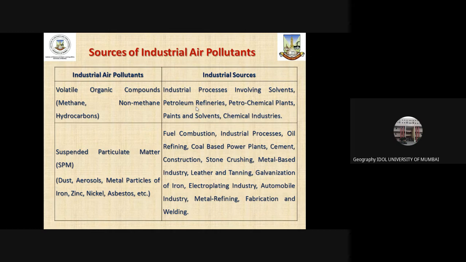These are released from combustion, industrial processing, oil refineries, coal-based power plants, cement industry, construction sites, stone crushing, metal-based industries, leather and tanning, galvanization of iron, electroplating, plating industry, automobile industry, metal refinery, fabrication and welding, from where such kind of micro particles are released into the air, resulting in deteriorating the quality of air.